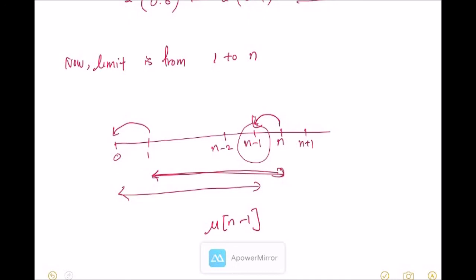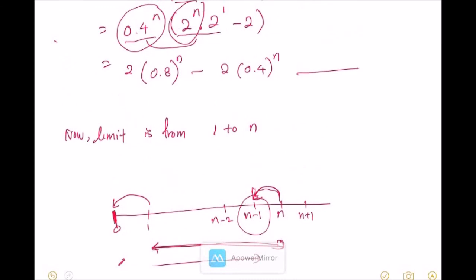It's a unit step u[n], right? But because the table starts from 0 to n, you shift to u[n]. How do I shift to get 0 here? You shift 1 unit to the left to get n equals 0. So of course this u[n] also shifts to the left 1 unit, so you have u[n minus 1].